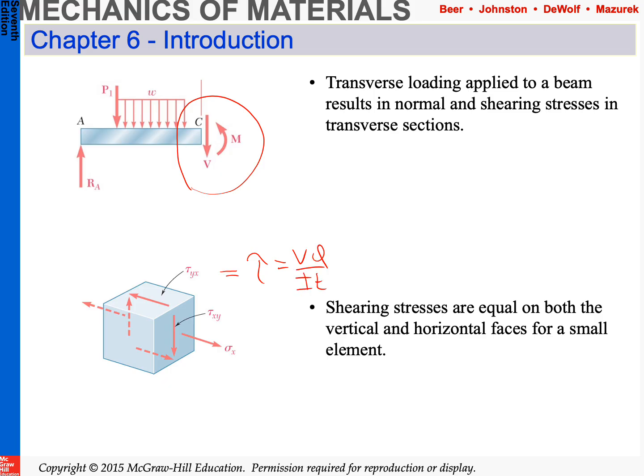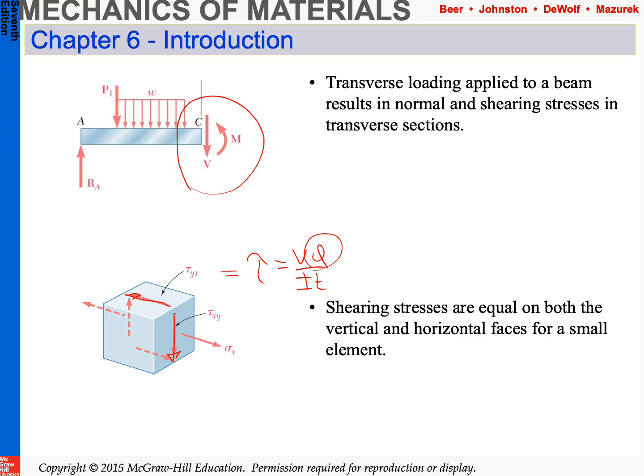The key thing to realize is the shear stress, both horizontally and vertically, in that small little element is the same. So if you're looking at nailed connections or glued connections, it doesn't really matter if you're looking at a vertical connection or a horizontal connection. Basically, the key to these problems is determining the correct Q.